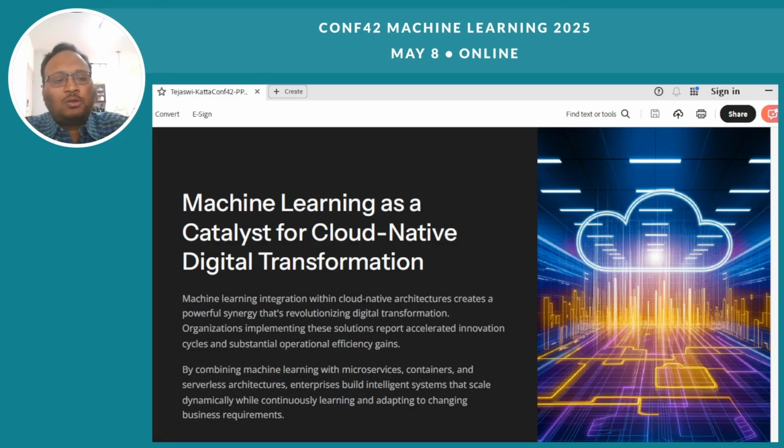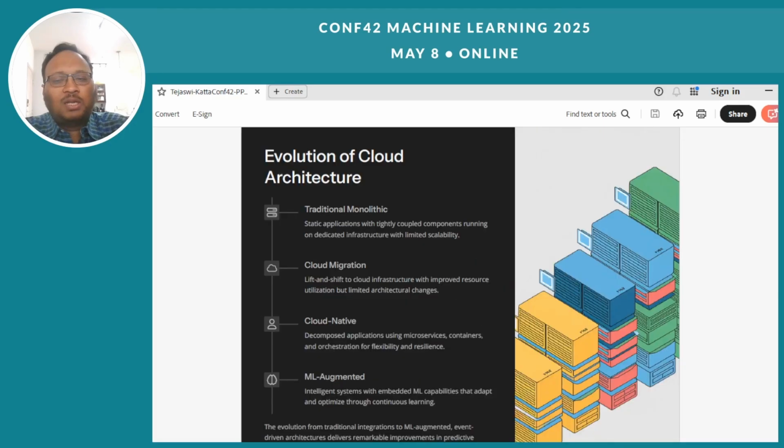Before diving into the topic, let's just cover the evolution of cloud architecture. Let's begin with cloud architecture. We started with traditional monolithic applications, static, tightly coupled, and hard to scale systems. Then came lift and shift migrations to the cloud, where we gained better resource utilization, but little architectural change.